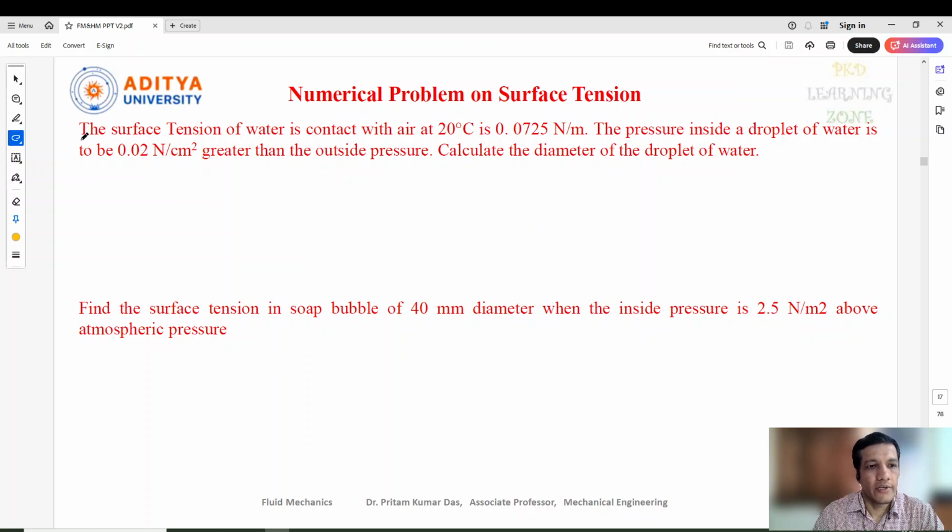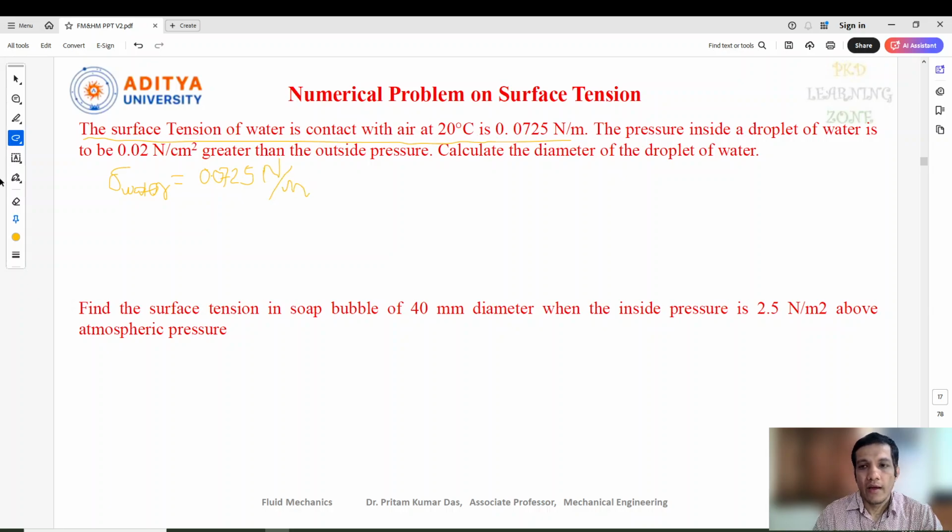Now the first question is: the surface tension of water in contact with air at 20 degrees centigrade is 0.0725 Newton per meter. So here the value of surface tension of water is given at a temperature of 20 degrees, 0.0725 Newton per meter.